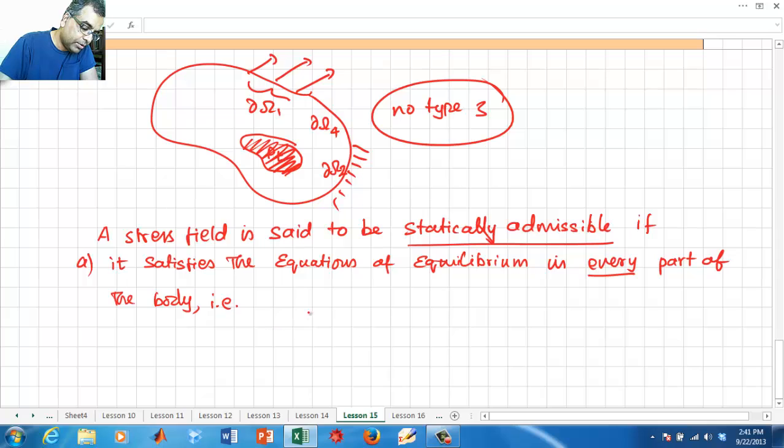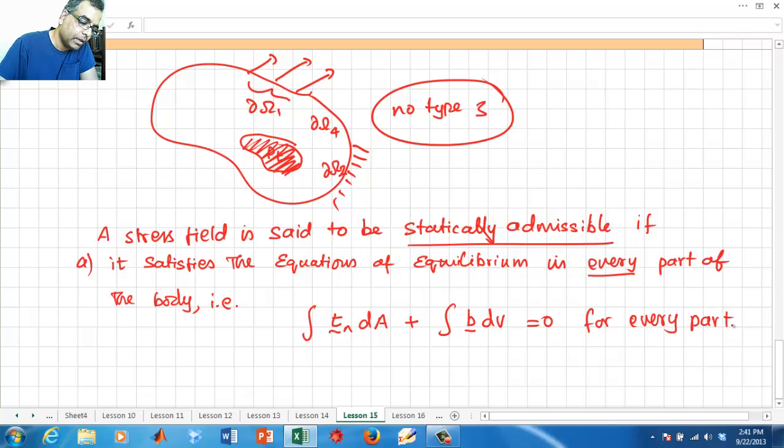in this part of the body, the integral of traction on that part dA plus the integral of body force dV must be equal to 0 for every part. This is total contact force.